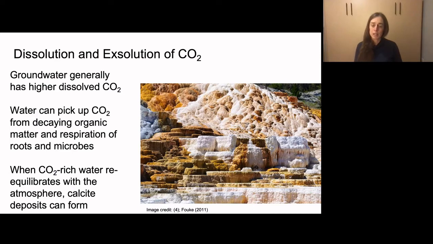So that's why you see these calcite deposits when groundwater reaches the atmosphere, in places like hot springs and caves. That's one of the reasons why we get those calcite deposits, because we're exsolving CO2 from our water, decreasing our CO2 concentrations, which results in an increase in our calcium carbonate or other carbonate species. There's also a relationship with temperature, which we'll talk about in a few slides.